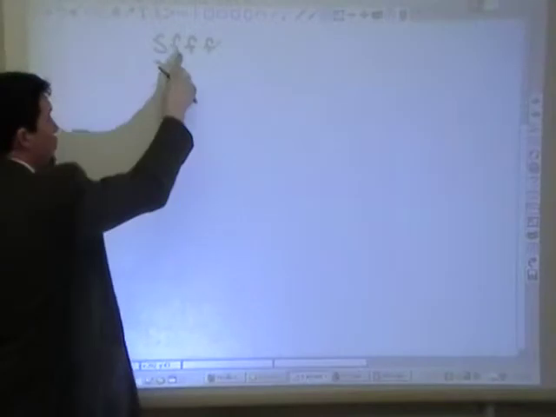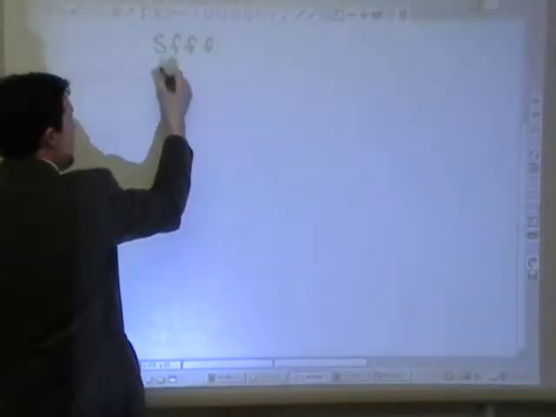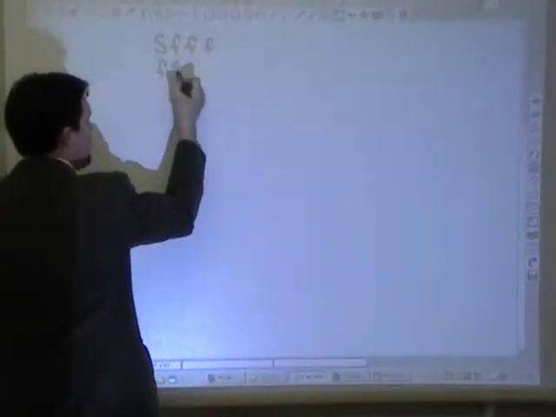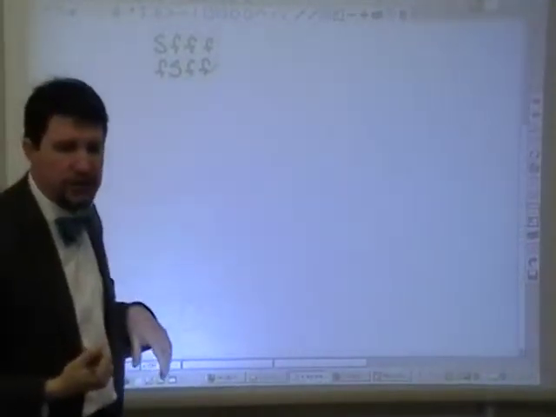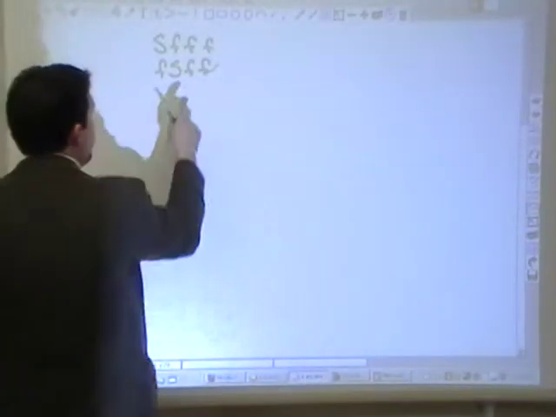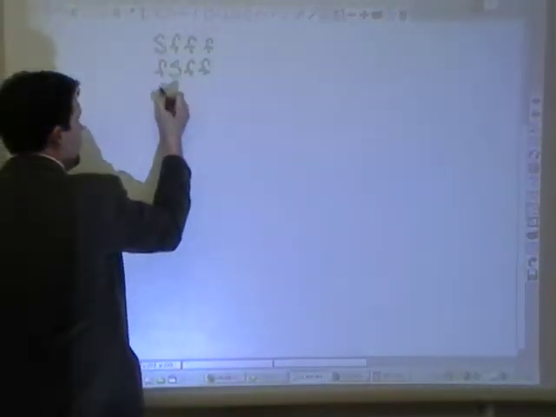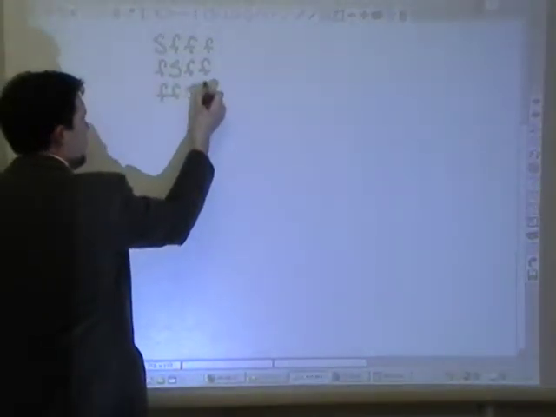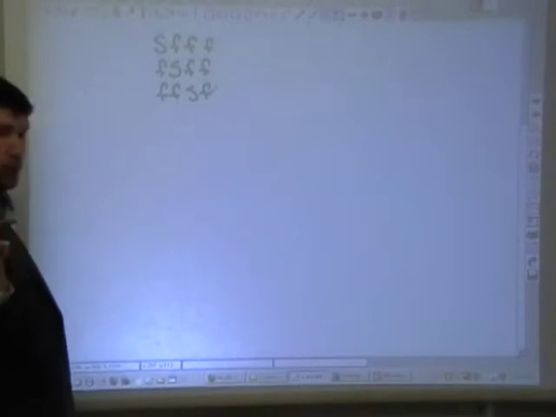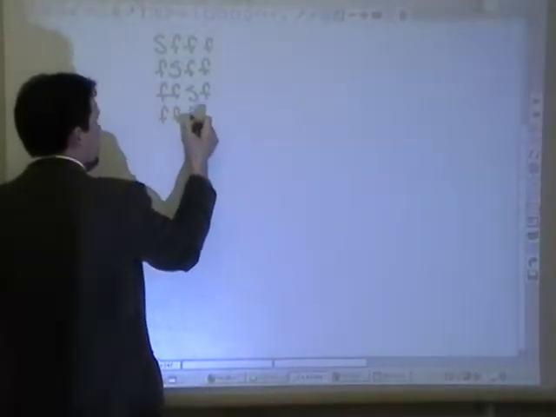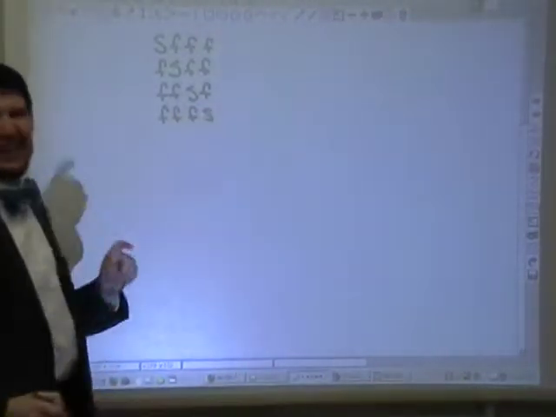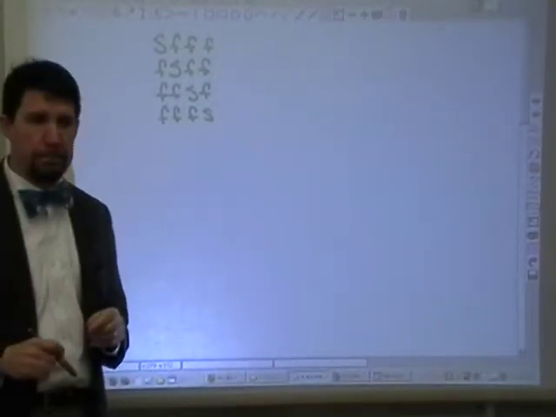Or the second store could be the successful store, and I could have the first store fail, and then success, and then failure, and then failure, but at least 1 store is going to be successful. Or the third store could be the successful store, so I could have failure, failure, and then success, and then failure. Or the fourth store could be the successful store, and I could have failure, failure, failure, and success. And I would have at least 1 store being successful.